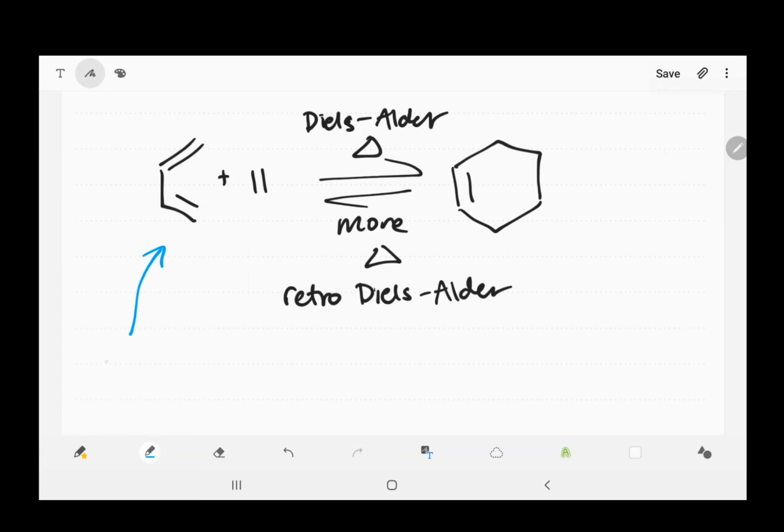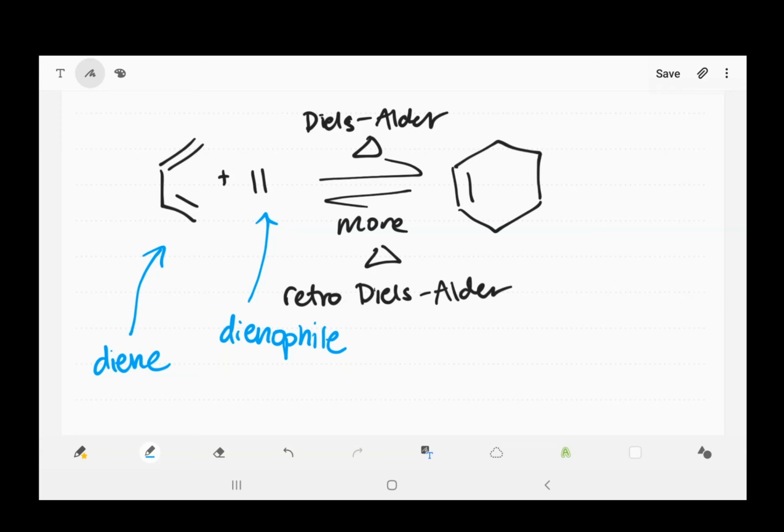All right, let's talk about some terminology here. This is your diene. 2 alkenes, diene, right? This one is often referred to as the dienophile. Phile, Greek, loves, it's attracted to dienes. That's just 2 carbons, it's ethylene, right?